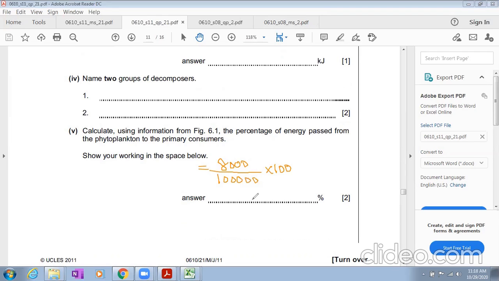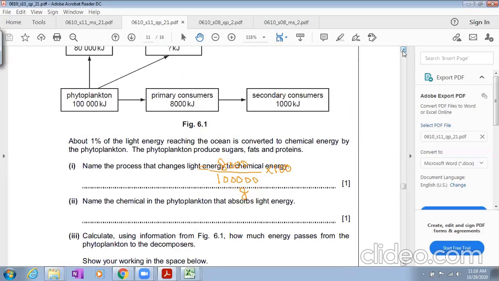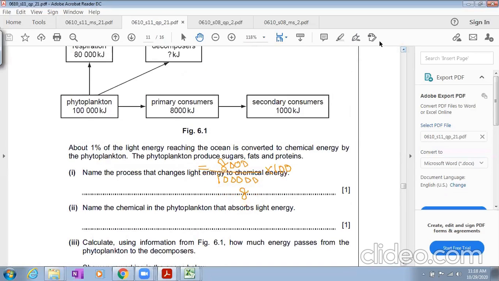All right, what should be the answer? 8%. So it means if you take this total, if you count it as 100 kilojoules, then 8% is transferred toward the primary consumer.